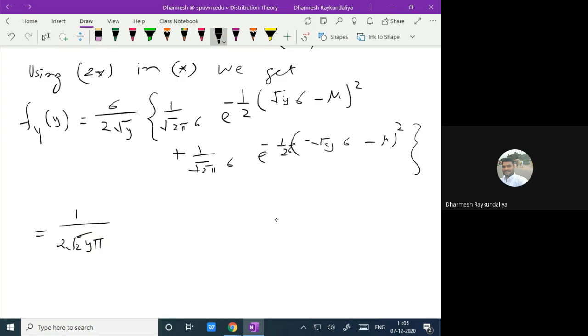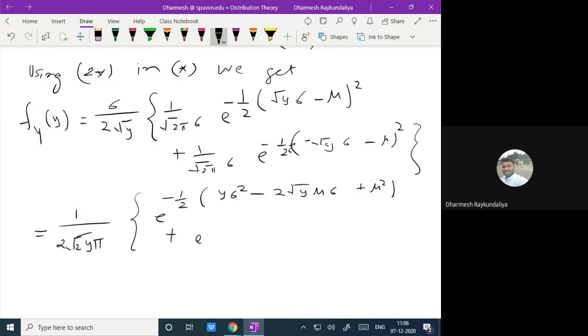Then here it is e raised to minus half, and I can write it as y sigma square minus 2 root y mu sigma plus mu square.